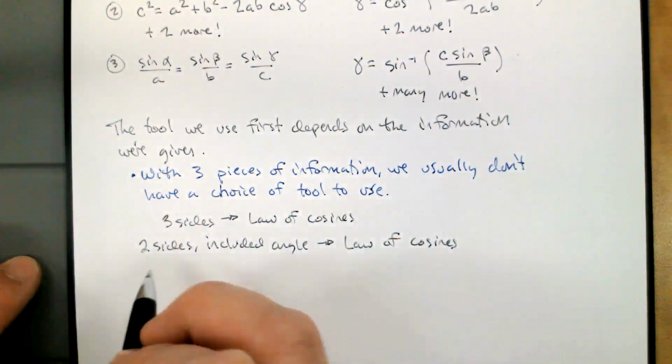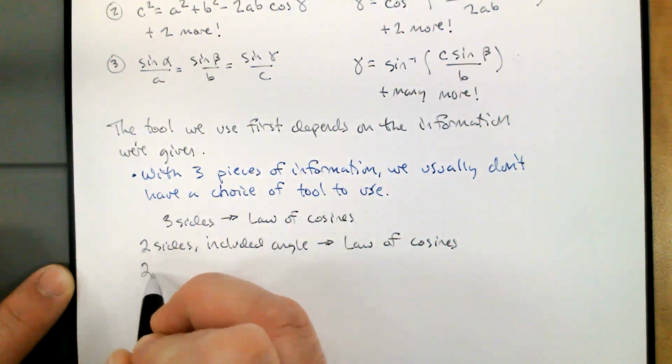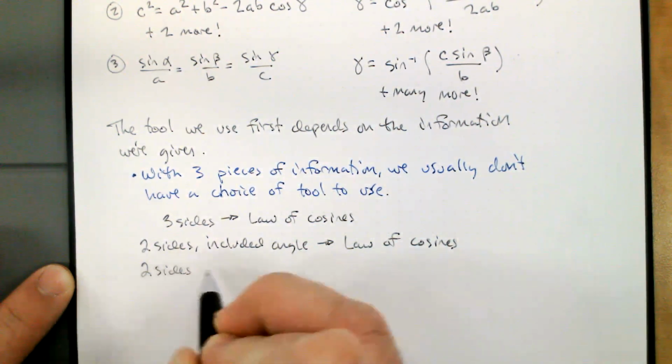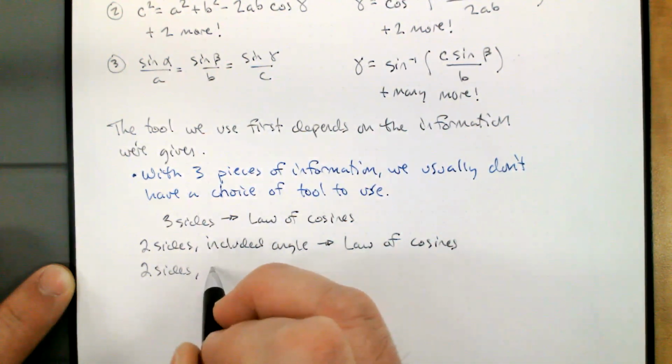The other way you can be given 3 pieces of information is to be given 2 sides, but the non-included angle.